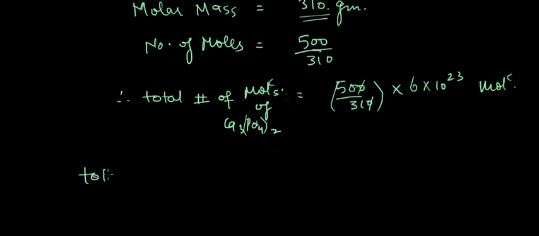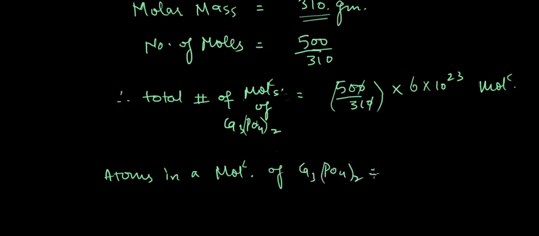Total atoms in a molecule of Ca3(PO4)2 would be 3 atoms of calcium plus 2 atoms of phosphorus plus 8 atoms of oxygen. So it would come out to be 13 atoms.